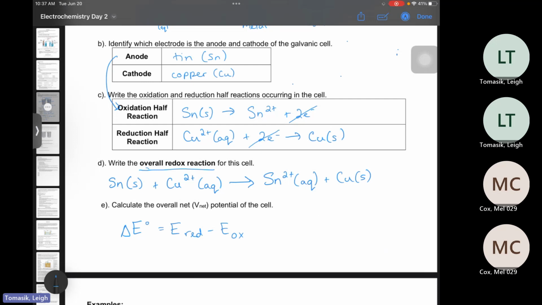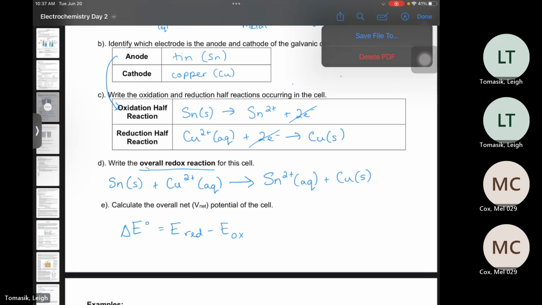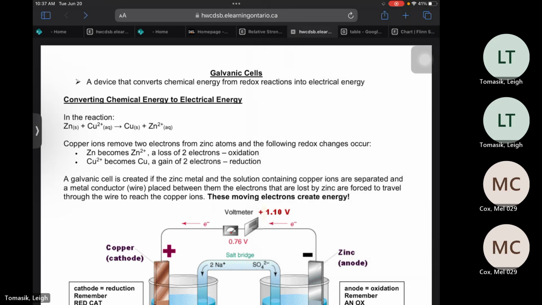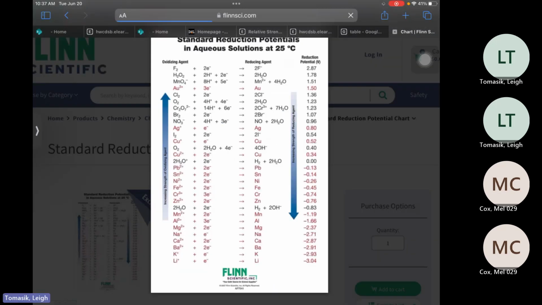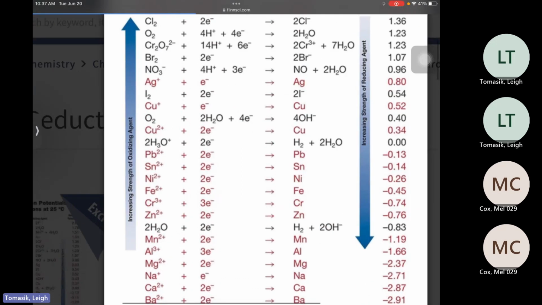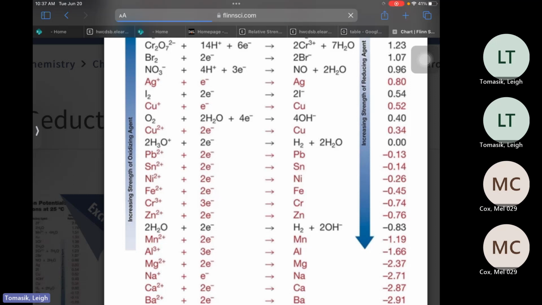So we need to look these up in our chart. Okay, so the copper reduction potential is 0.34, and the oxidation is the tin, which is negative 0.14, right? And that's the one, okay.